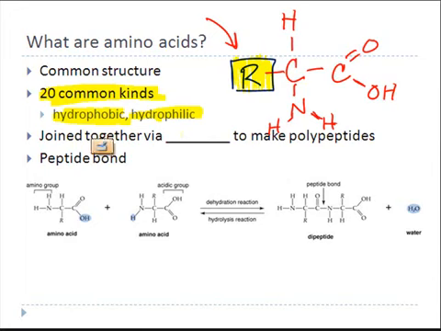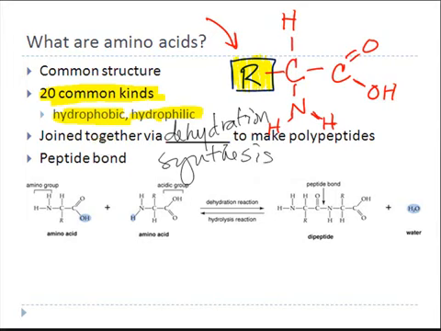dehydration synthesis. Okay, same process again. Remember, you take the OH group off of one amino acid, the hydrogen group off another, join them together to make a, here we've got two single amino acids.